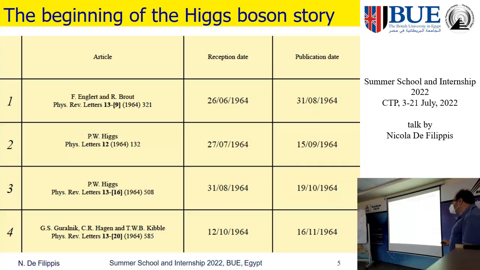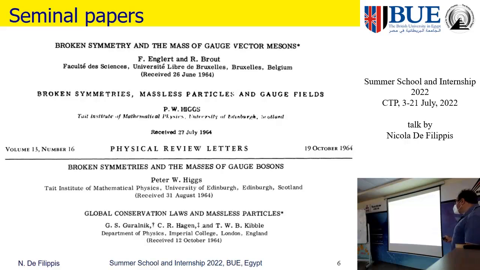Actually, it's only Higgs that mentioned the prediction of a new particle, while the others were solving the theoretical problem of the spontaneous symmetry breaking. But it was only Higgs that really pointed out the existence of a particle.